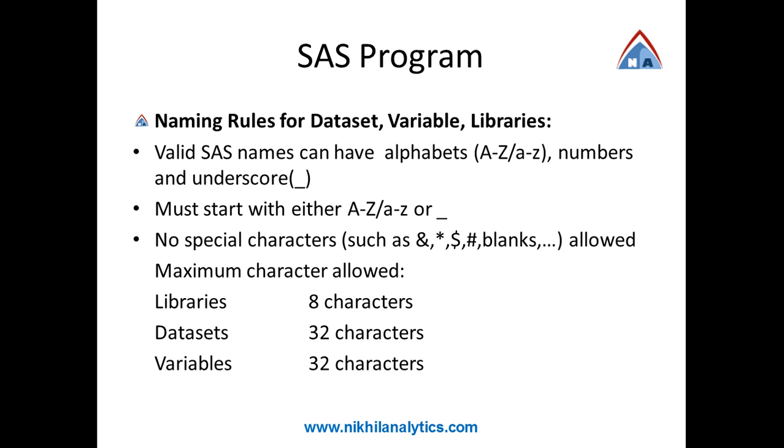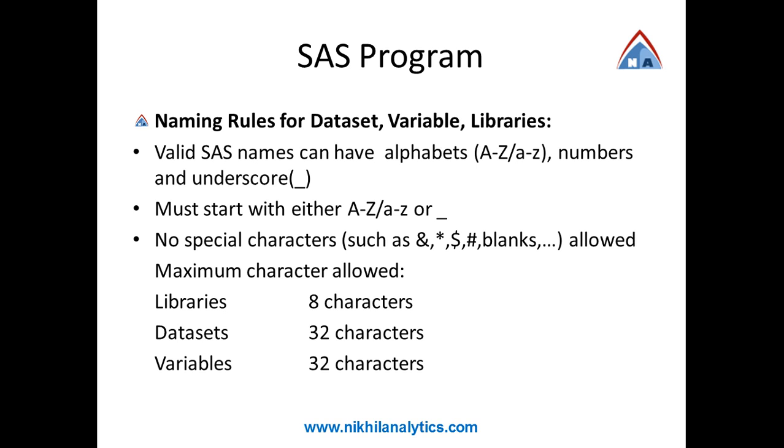A valid SAS name can have alphabets, numbers and underscore. Alphabets are capital A to capital Z and small a to small z, and numbers are digits 0 to 9, plus the underscore.